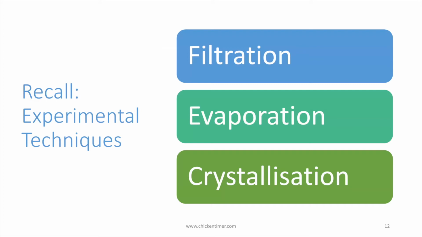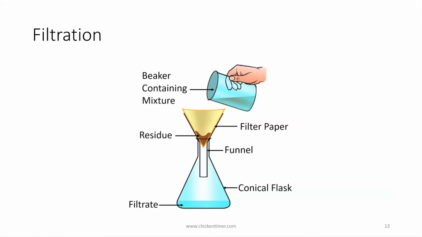Filtration is the separation of a mixture of a solid and a liquid. So filtration will be something like this. You have a mixture of solid and liquid. Then you have a filter funnel lined with filter paper, and a conical flask.